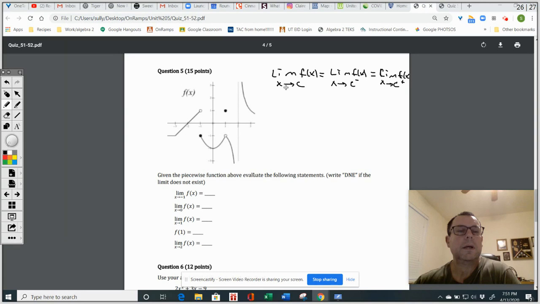So for the limit to exist, the limit from the left-hand side and the right-hand side has to be the same. So let's take a look at the limit as x goes to -1.